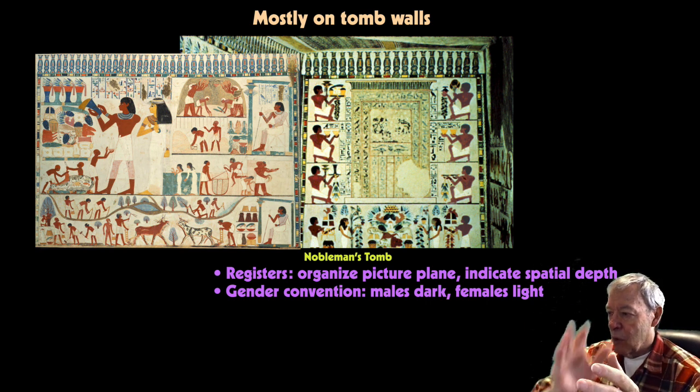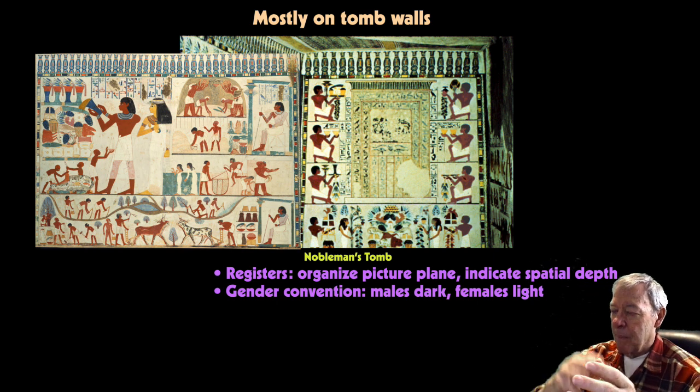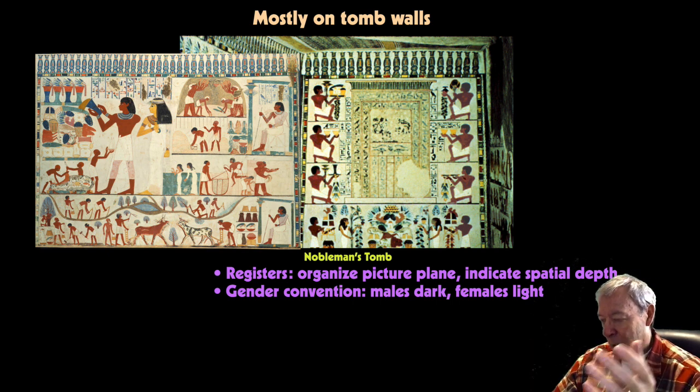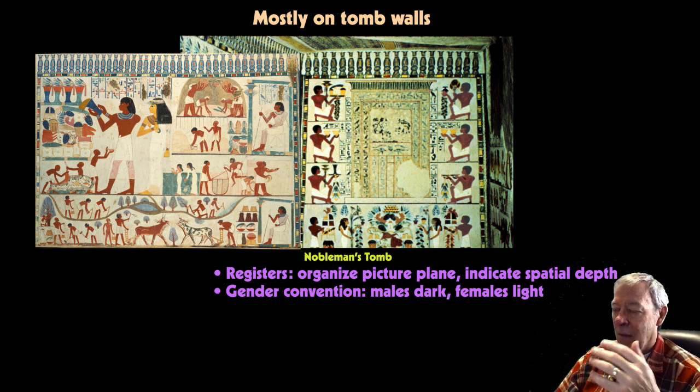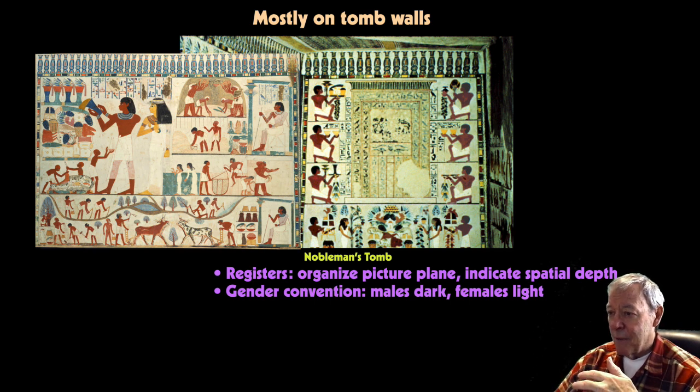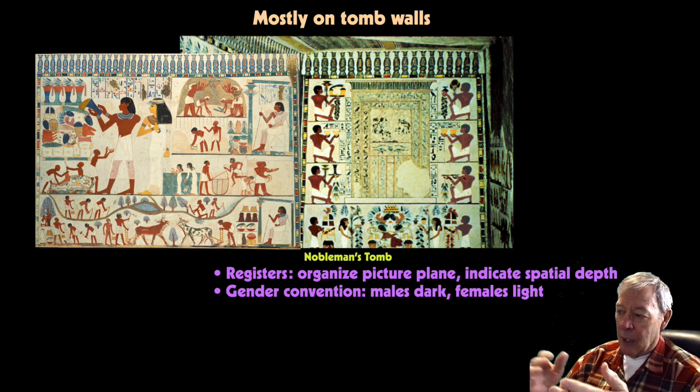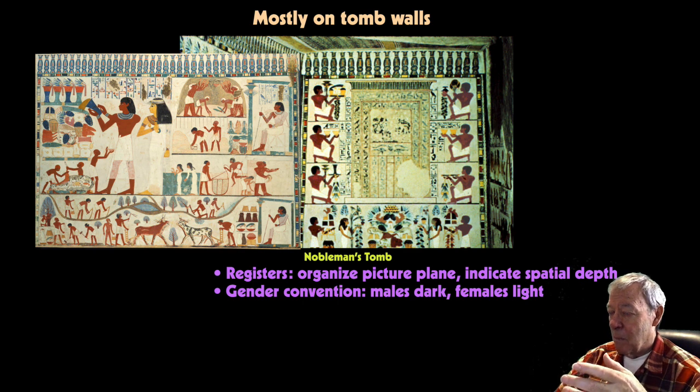Males being out of doors, working out in the hot sun, getting tanned during their lifetimes, whereas a genteel, noble woman, she doesn't go out and work in the fields, of course. She instead stays at home and so doesn't suffer the effects of exposure to the sun, outdoor life. Now, that certainly can be considered to be true of a nobleman's wife, but when you see any females being depicted in Egyptian art, they're always lighter skinned, oftentimes painted yellow.